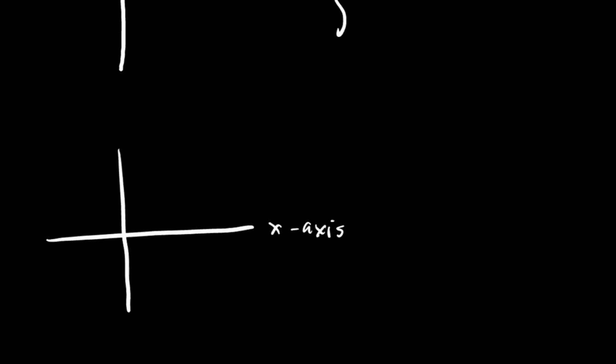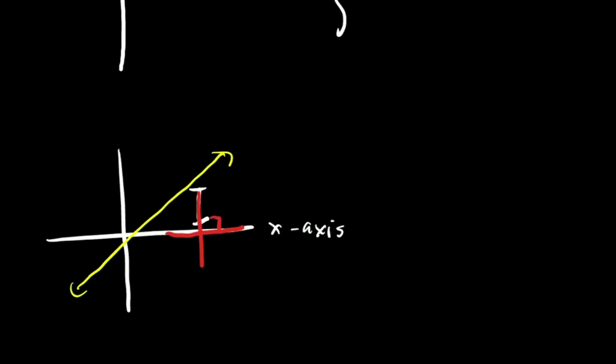So let's say we had our function right there. The radius is perpendicular to the axis of rotation, if you remember what perpendicular means.